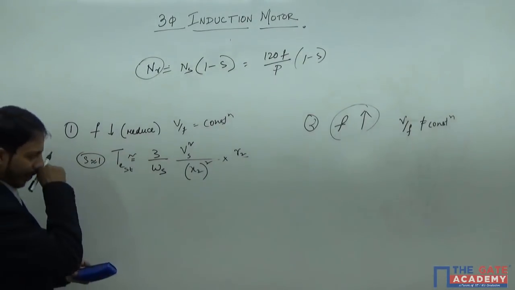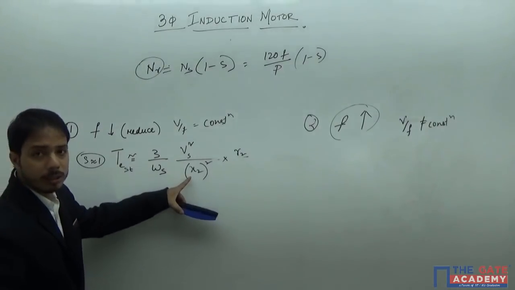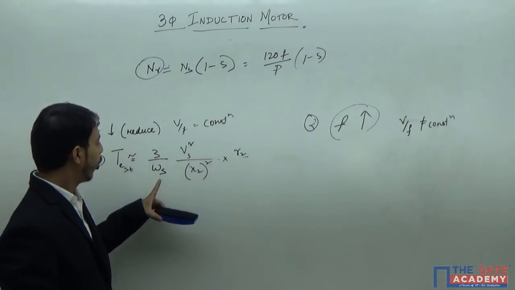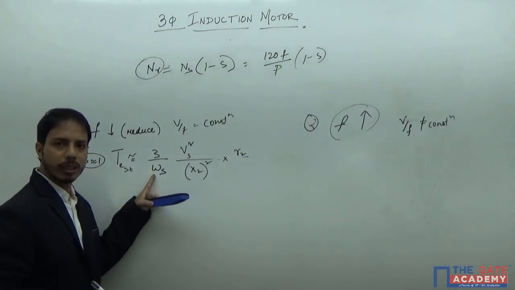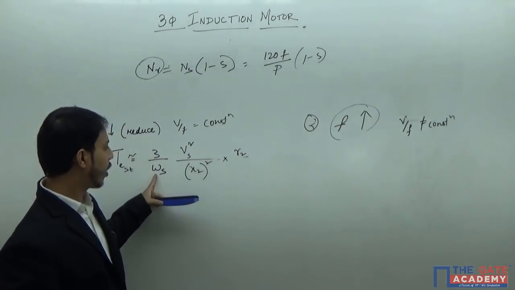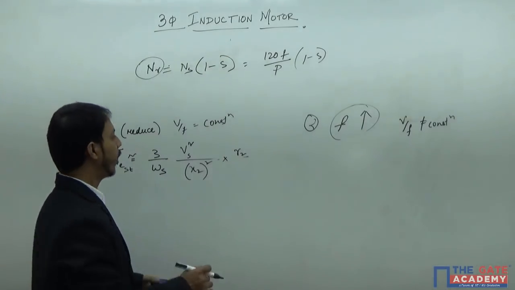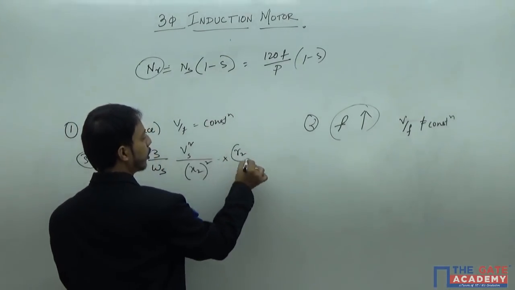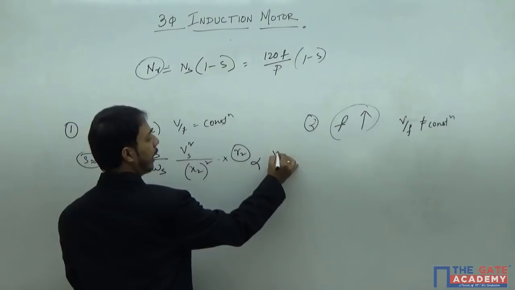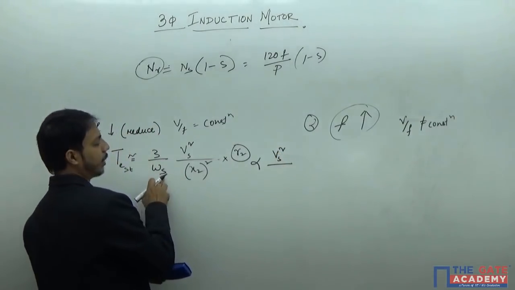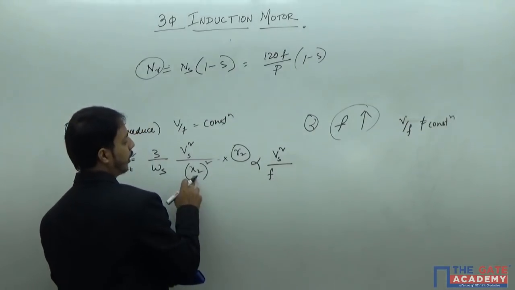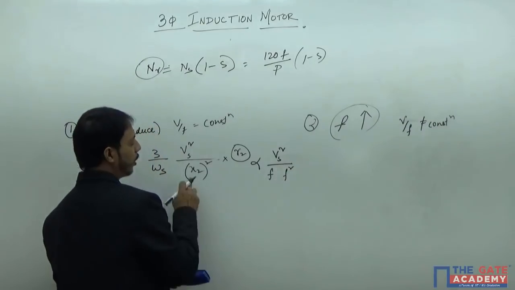Now you see, this X2 is proportional to supply frequency. Omega S is also nothing but 120 F by P. So one F term will come here, one F term will come here. So I can write that this R2 is independent of frequency, and this is proportional to Vs square. A frequency term will come here and a frequency term will come here, so F square, or in other words F cube.